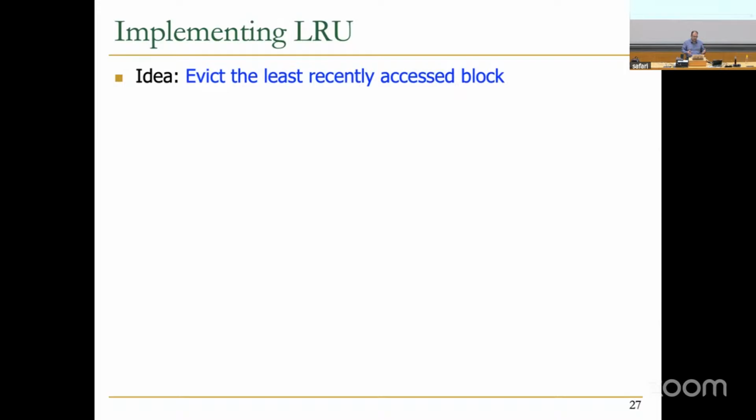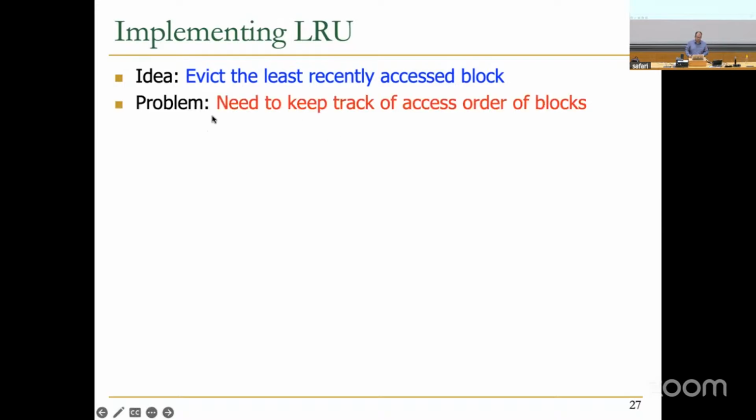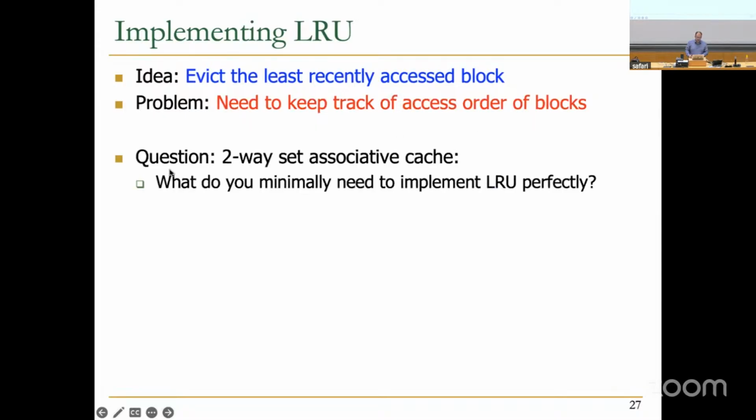That's the key insight behind why LRU is or can be a good solution for a replacement policy. The problem is that we need to keep track of the access order of blocks. So the question is: for a two-way set-associative cache, what do you minimally need to implement LRU perfectly?